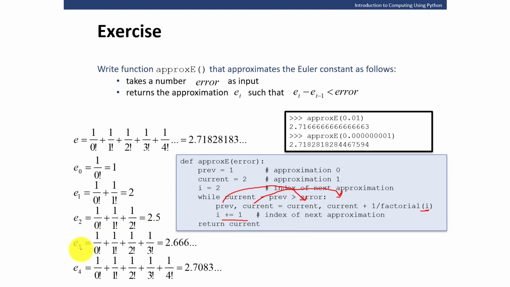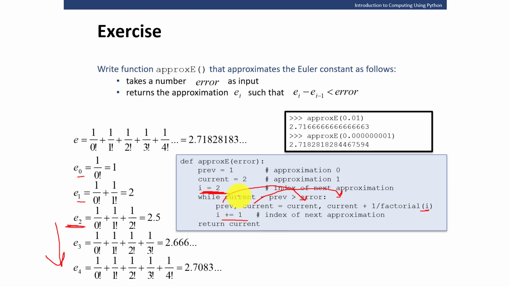We already have E0 and E1 as the previous and the current, because they are 1 and 2. And here we added 2, because we would like to start looping from 2 and more.